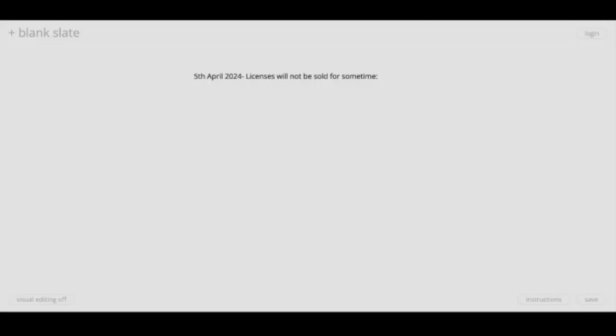As I stated last Wednesday, from 5th of April onwards, licenses will not be sold for some time, both from We Are All Satoshi and from Boomerang as a platform.